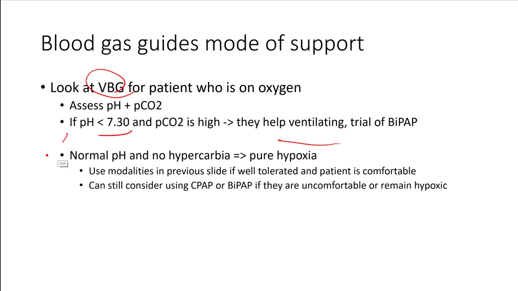But if somebody doesn't have hypercarbia, if their pH is normal and you have just an oxygen issue, then go nuts. You can use the masks, you can use CPAP, and you can use high flow. And often I'd be working with the RT and working with the patient at bedside, trying to determine what they're going to be comfortable with and what's going to get their O2 saturations greater than 90%.